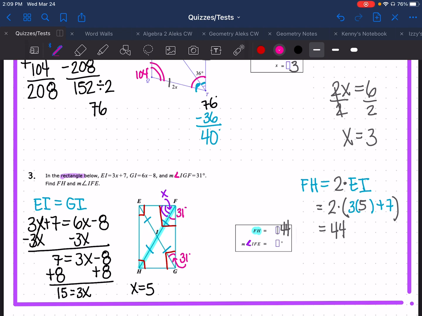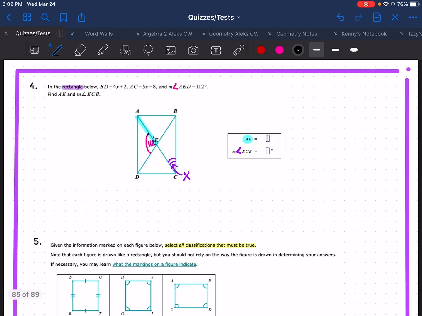The whole angle is 90. So to find that purple one that they want me to find, I'm just going to do 90 minus 31, and that's going to give me my purple angle, which is 59 degrees.